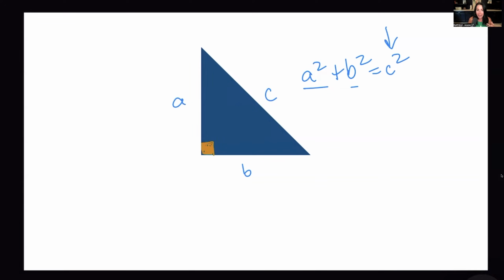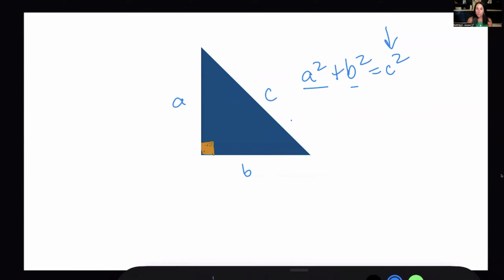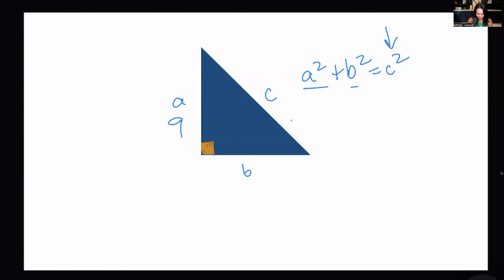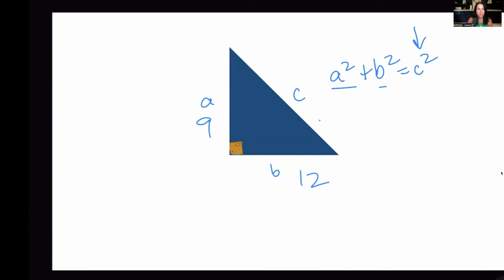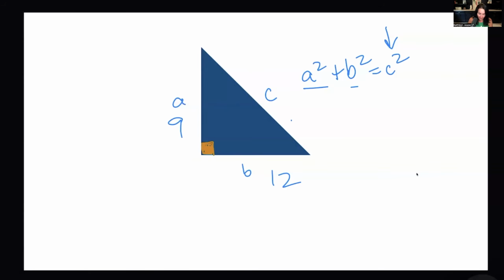Now, if you have two sides of the triangle, you can figure out the other side. So if you were going to find the perimeter of a triangle and you have two legs, so let's just say we have a 9 and a 12 here. A is 9 and b is 12. You might say, oh, well, let me go ahead and figure this out, right? So you would do a squared, which would be 9 squared, plus 12 squared equals c squared.